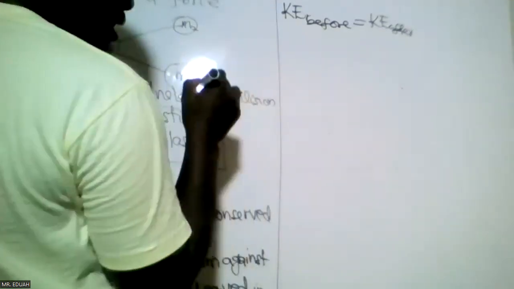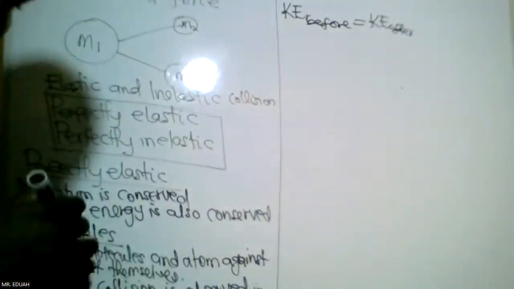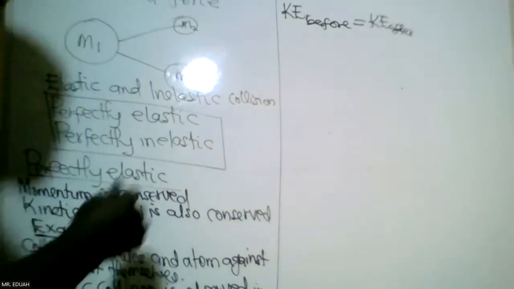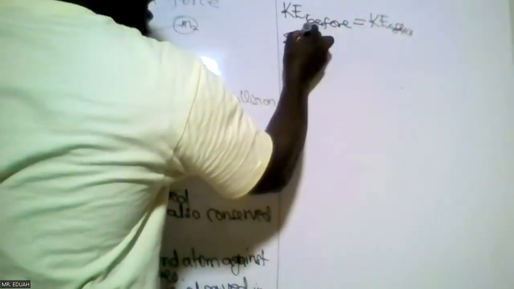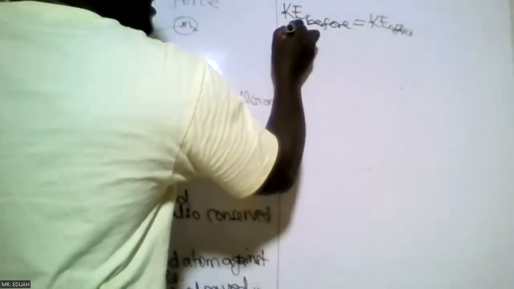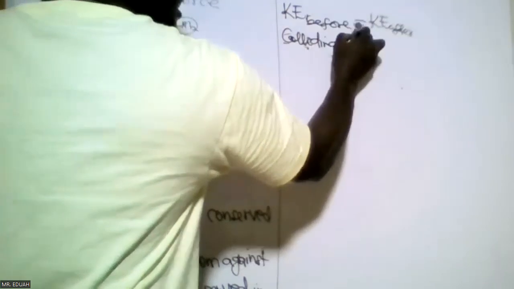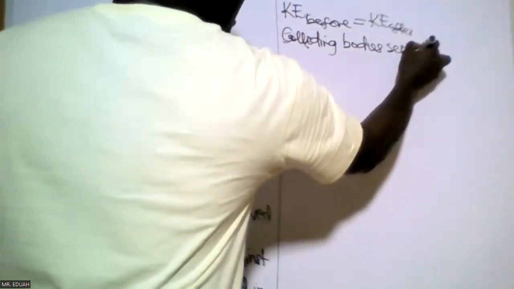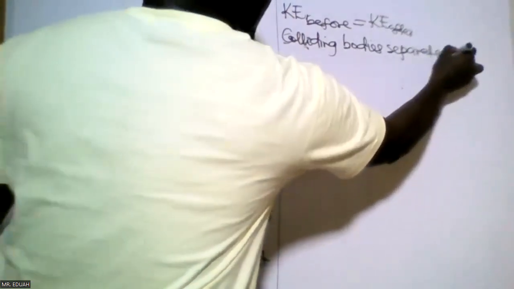Then another characteristic of elastic collision is that the colliding bodies separate after collision.